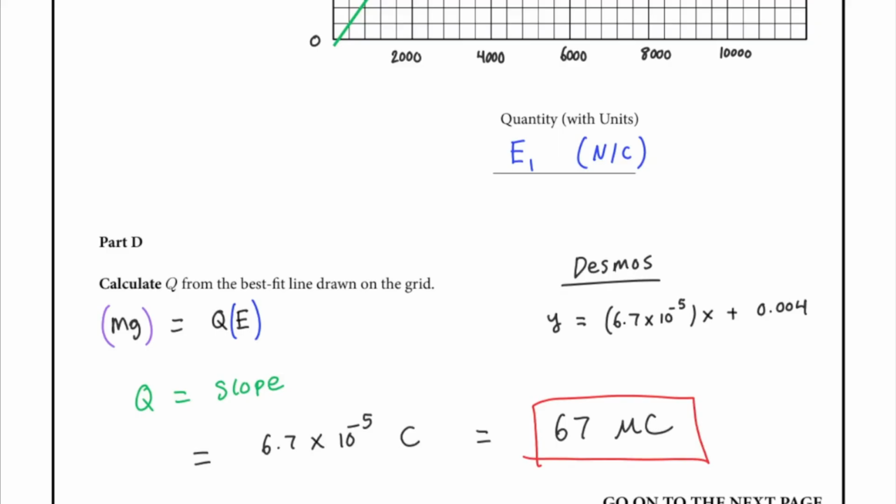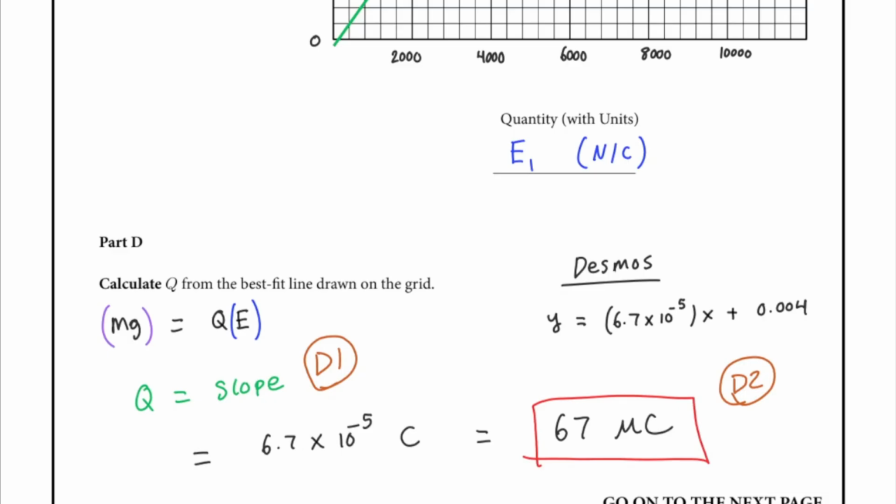Now for the points on part D, it's pretty hard to get these points in isolation. D1 you get for a correct slope relationship. I graphed something where Q was the slope, so I got D1 for saying Q is the slope. Then you get point D2 for getting the correct answer. You could have left it in 10 to the minus 5 coulombs.